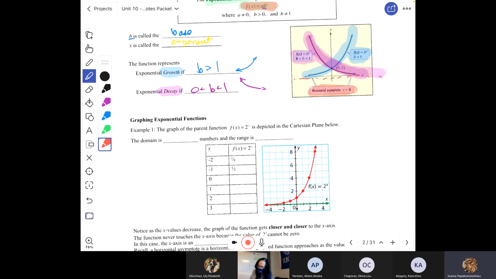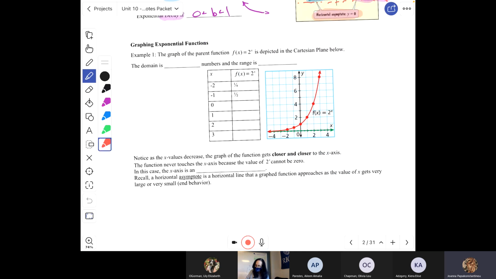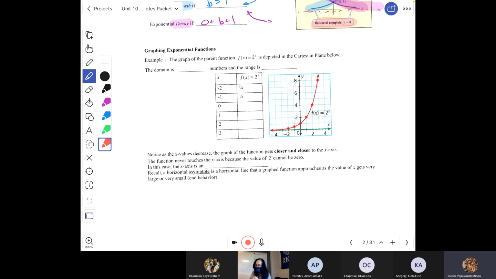So let's take a look at this parent function. So I have a parent function, y equals 2 to the x. Well, I could easily substitute in values for x, get the output values. Let me ask you, is there any restriction on the domain values for this exponential function?